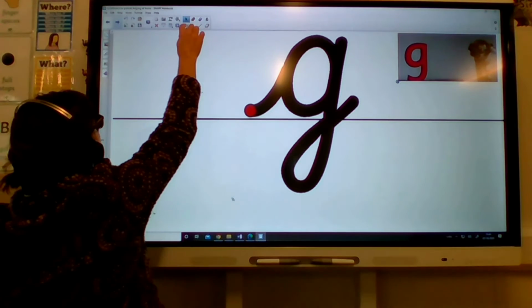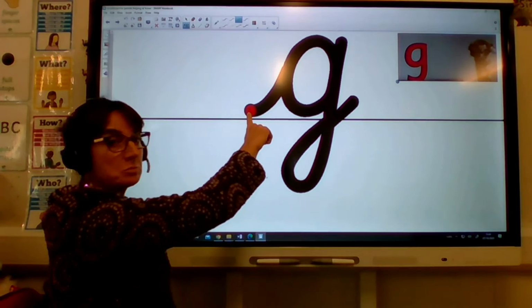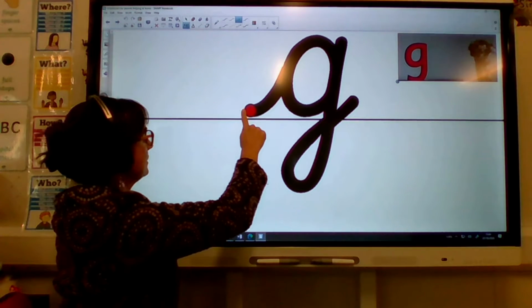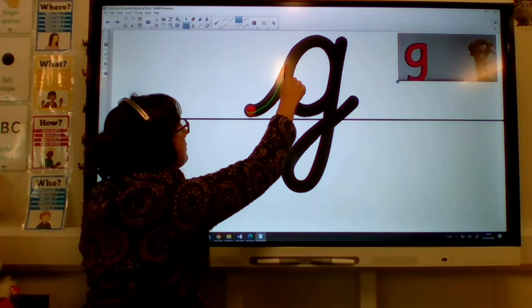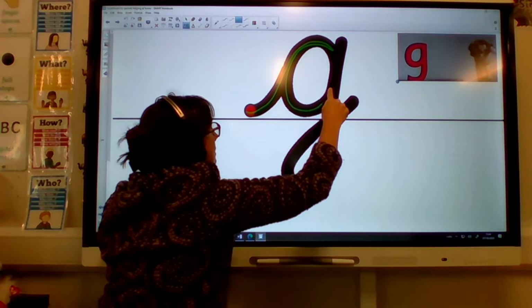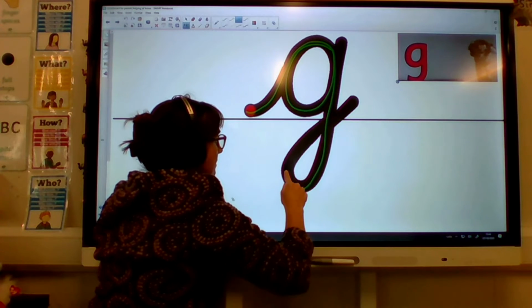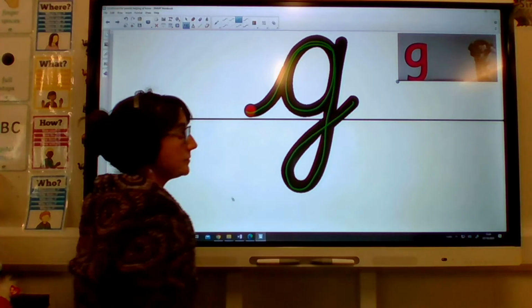Then we would practice writing it. So I will choose a different colour and I would model that we're going to always start on the line. We're going to go up to the top and stop, back round, up, down, do the tail and flick.